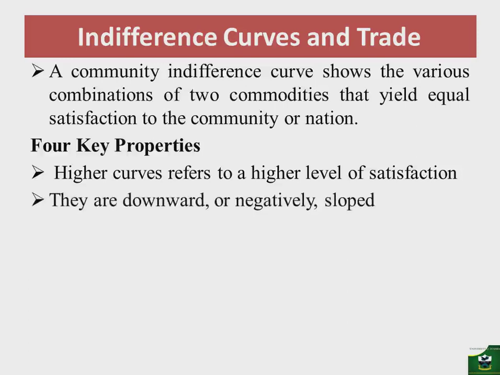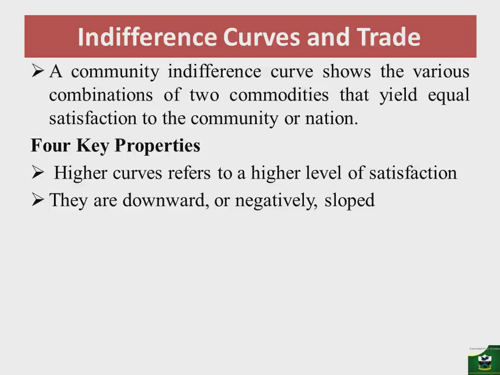Secondly, the community indifference curves are downward sloping or negatively sloped, which means that we are moving from the top left corner down to the bottom right corner, which is the horizontal axis.